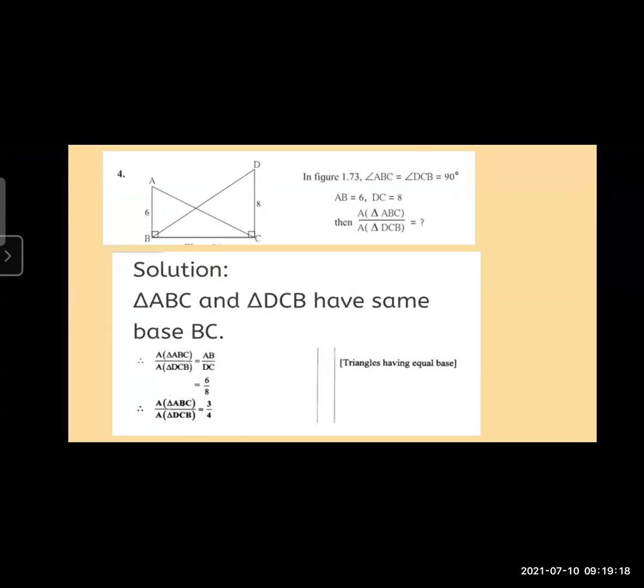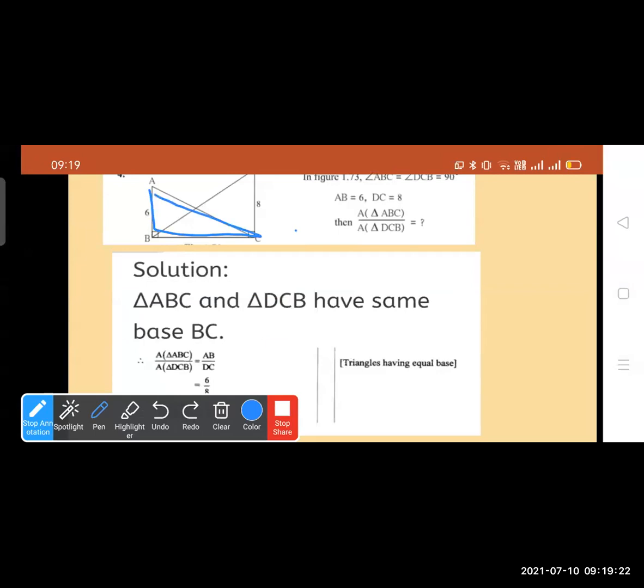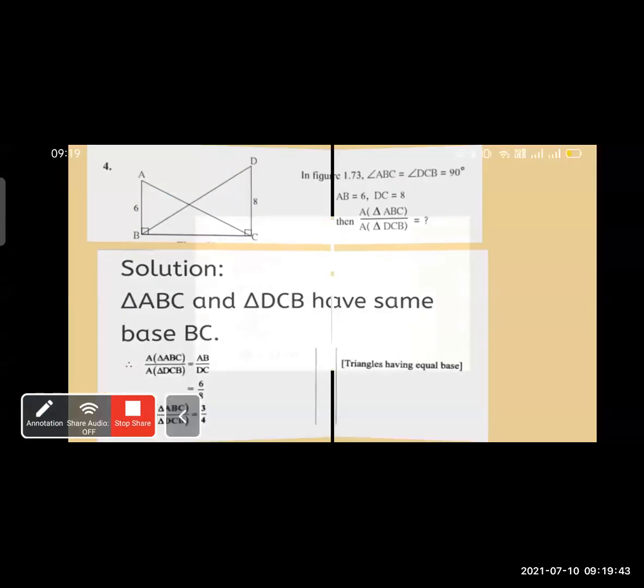So see, first you check in this triangle. In these two triangles, you have common base. Okay, so if base is common, then we find the ratio of areas is equal to H1 by H2. So in triangle ABC, AB is the height of the triangle, and in triangle DCB, the DC is the height. So very simple. Substitute here.